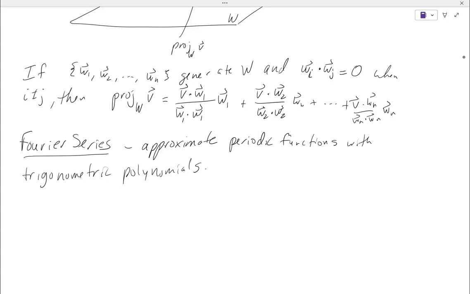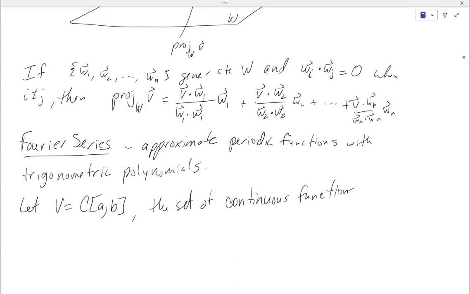So we're going to consider the space, usually I use V for vector space, so I'll let V be this space. This is the notation for the set of continuous functions on the interval from A to B.